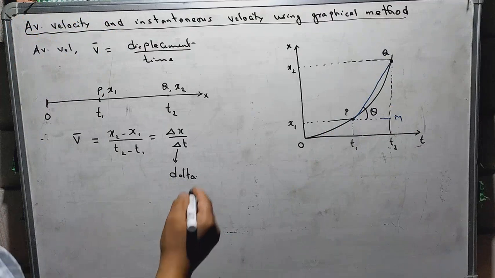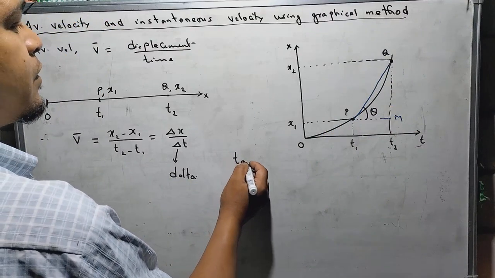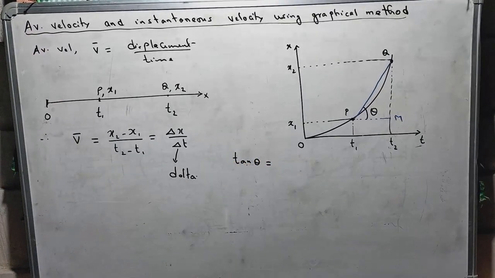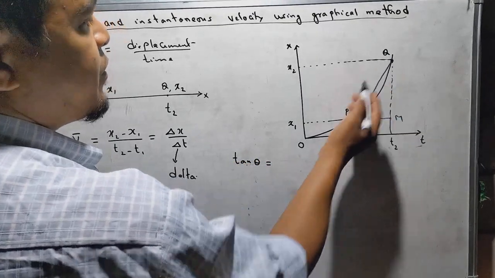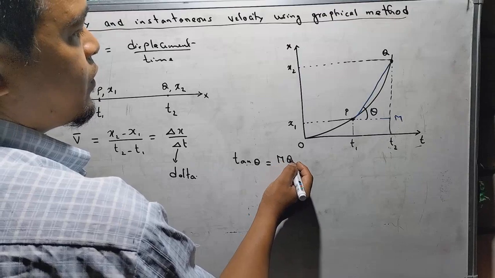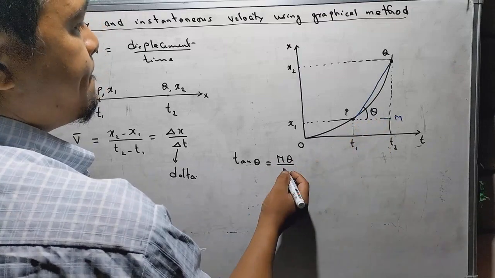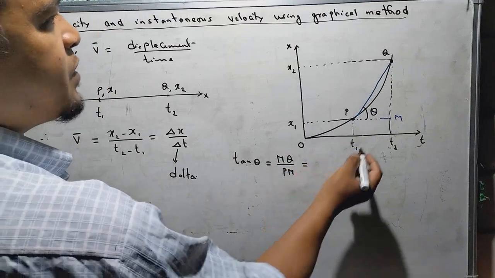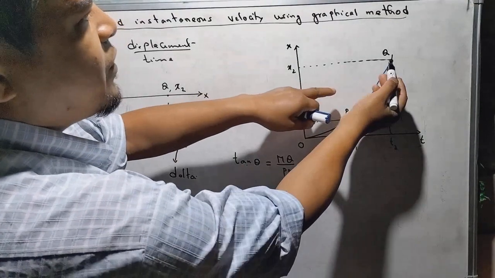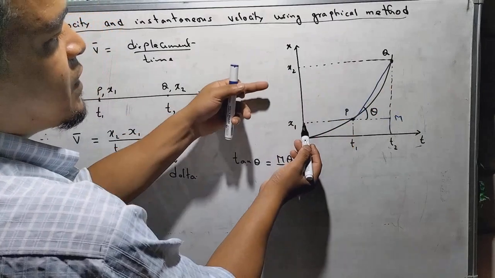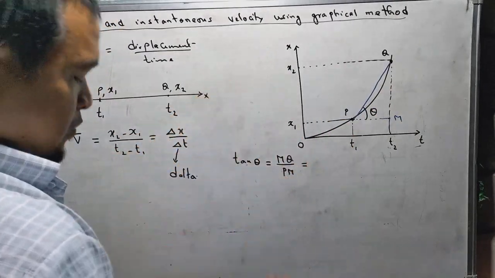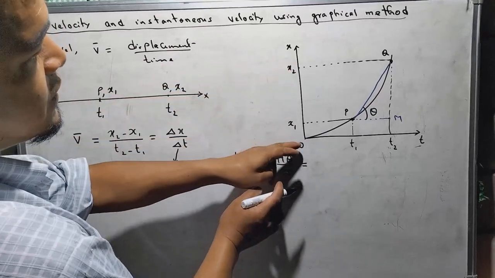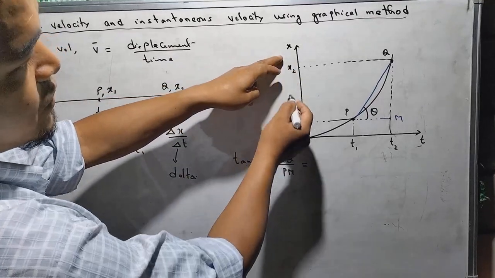Now, how much is tan theta? We know tan is equal to perpendicular by base. The perpendicular is MQ and the base is PM. How much is MQ? This MQ, from here to here, is the same as from here to here. From 0 up to this point, the distance is x2.